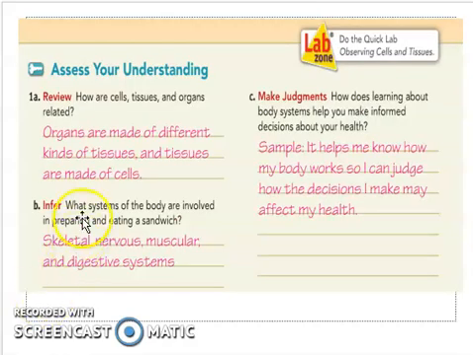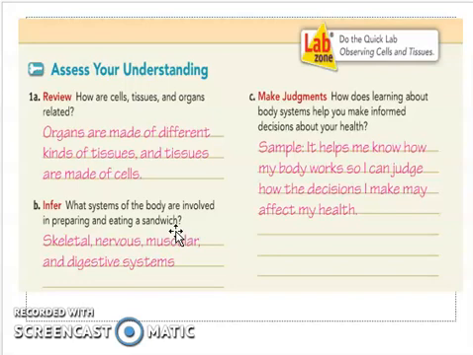The next question is, what systems of the body are involved in preparing and eating a sandwich? This is just an example of an activity, girls. What I mean is the systems of our body are not working alone.